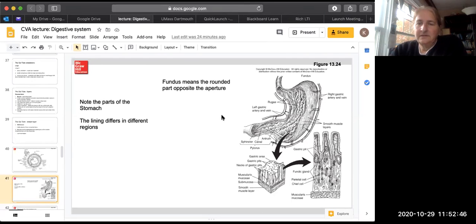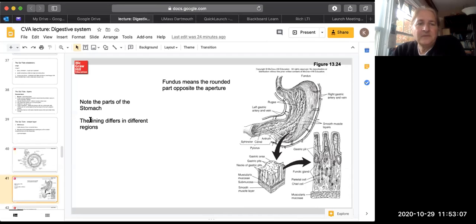The food comes down the esophagus into the stomach region. The stomach is intended to hold the food, so it doesn't rot, so it tends to be acidic.